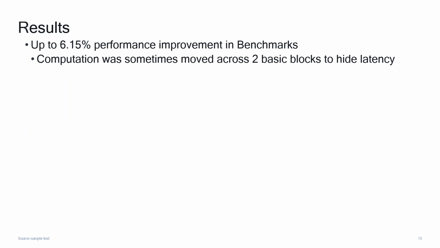In some benchmarks, we didn't get benefits, but in an important benchmark, we got some benefit, which was good, because even though it was very simple, it gave us this result. So computation was sometimes moved across two basic blocks to hide latency.